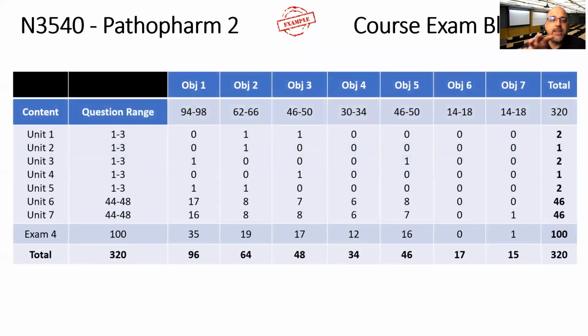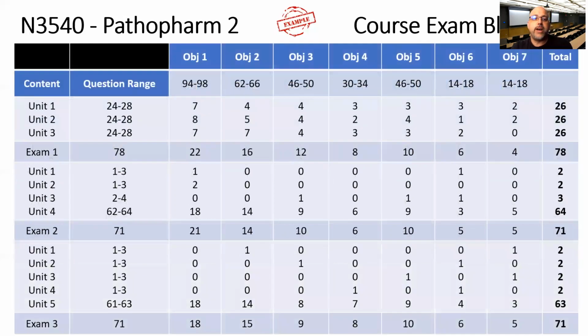And then this was finishing up the objective conversation. So there were 2 slides. This one's covering exams 1, 2, and 3, and you can see how each of the units work: exam 1 is just units 1 through 3. Exam 2 is units 1 through 3, a couple questions, and then unit 4 is the primary.